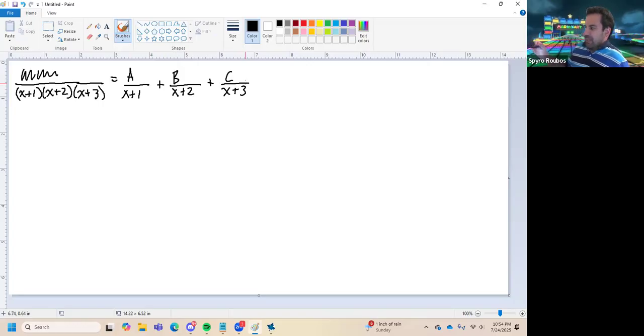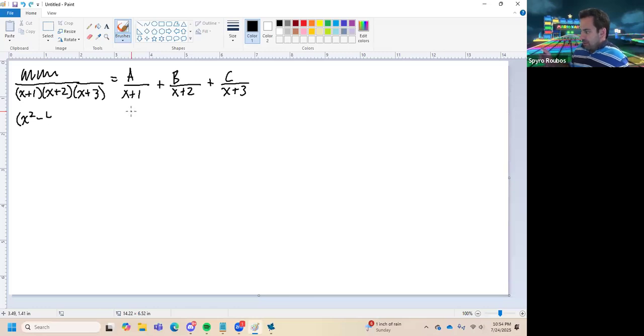And by the way, if you can factor more, make sure you're factored fully. Like if you had x squared minus 4, I wouldn't leave it like that. I would just factor it as x minus 2, x plus 2, and then follow the rules.